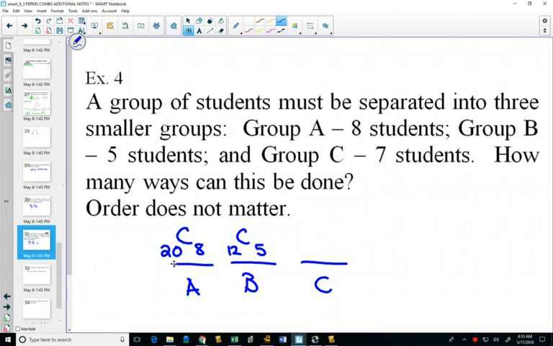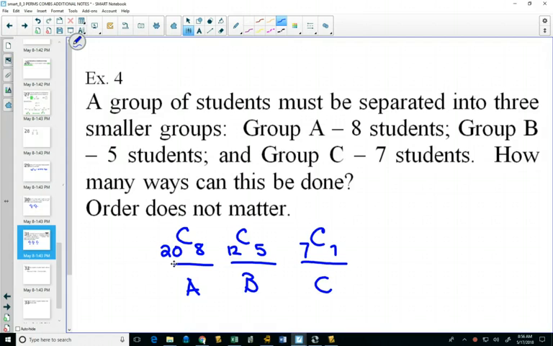Because whoever's left, right? If group A's been made, group B's been made, and your teacher said, I'm going to put you into 3 groups, and you still haven't picked, and you're like, ooh, I wonder what group I'm going to be in. Buddy, you're going to be in group C. That's the only group that's left. Because there's 7 people. We can write it 7 choose 7. But that's just one, because whoever's left is going to be in group C.